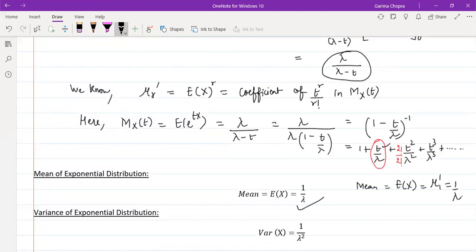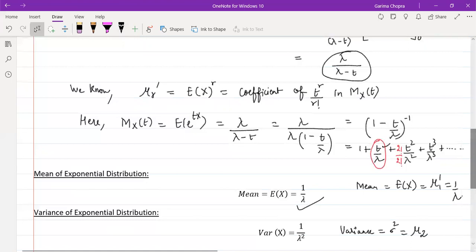Now for variance, we know that variance, which is sigma square, is the second central moment. We are talking about central moment, the moment which is about the mean. So the second central moment gives us variance.